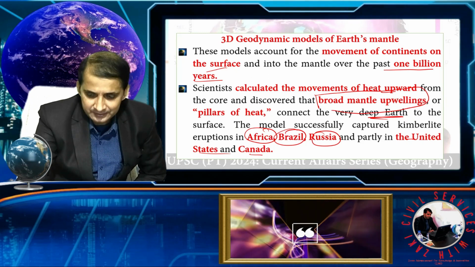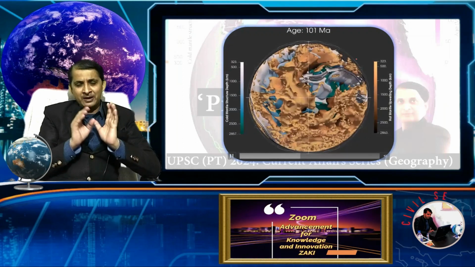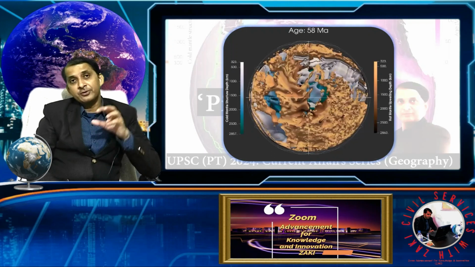So see here, this is the geodynamic model. Basically the old data covers this area, but it is produced by the supercomputer over about 200 million years.